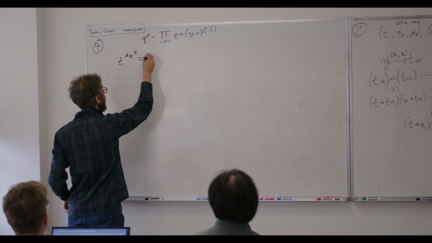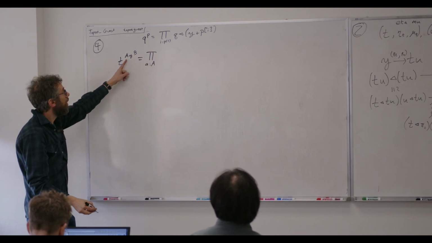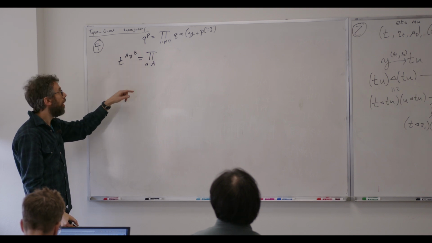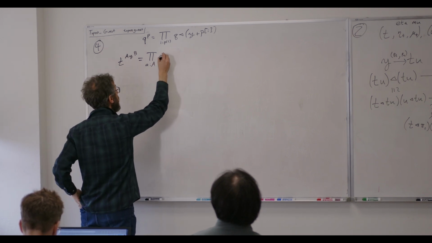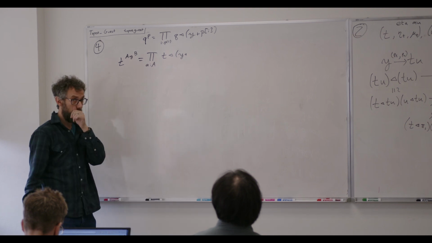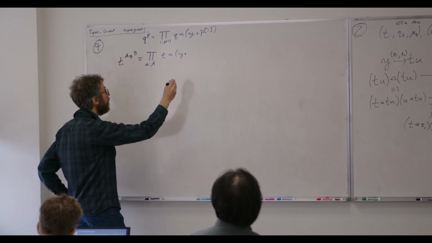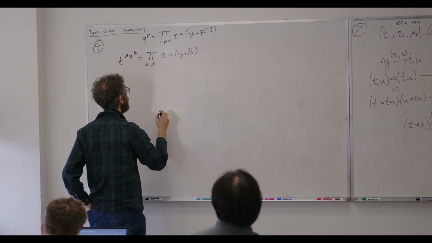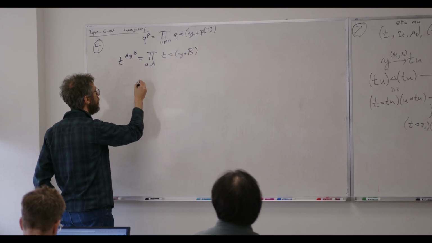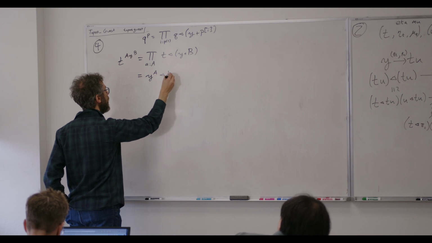This is the product over all a in A, those are the positions of this thing, of T composed Y plus the directions there, B. But that's the same thing as Y to the A composed T.